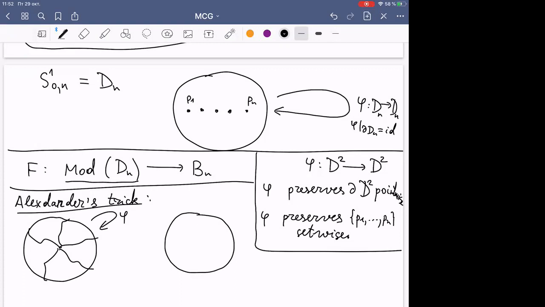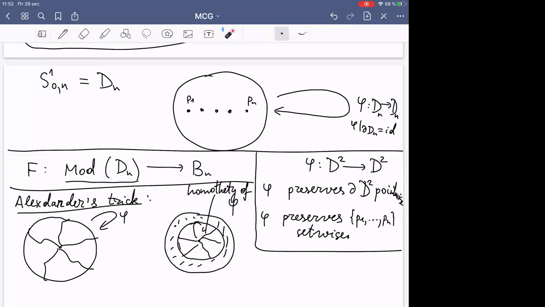Namely, we start to consider homeomorphisms which are identical on such an annulus, and inside we have the homeomorphism phi. This annulus becomes wider, this disk becomes smaller, and eventually we have the identity homeomorphism.